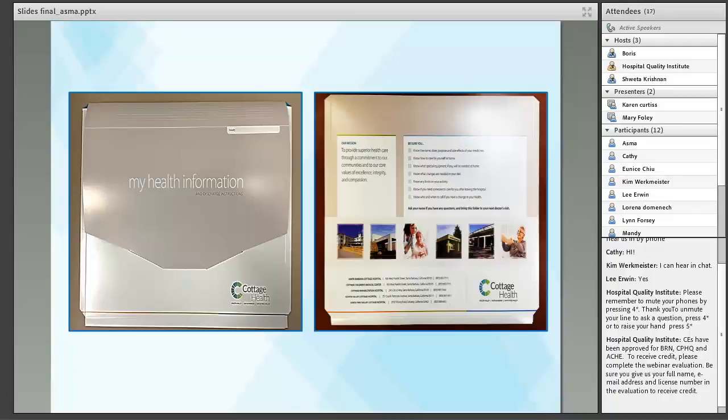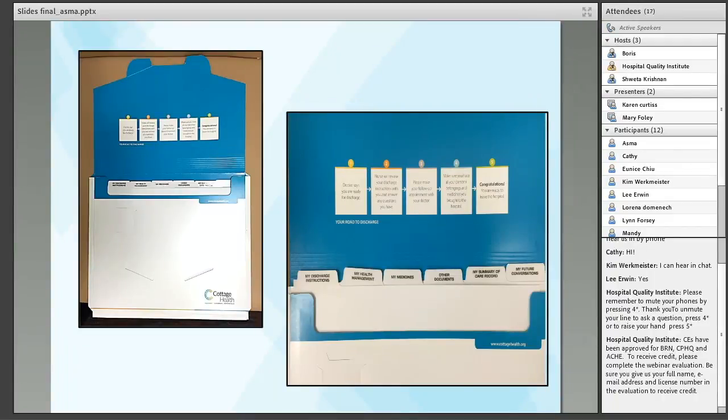So you can see on the back there's a bit of a checklist, and you get a better picture in a separate slide. Boris, if you wouldn't mind. So we open up the flap. Basically, we have different tabs, so it accommodates various departments. There's a slot for the medication.